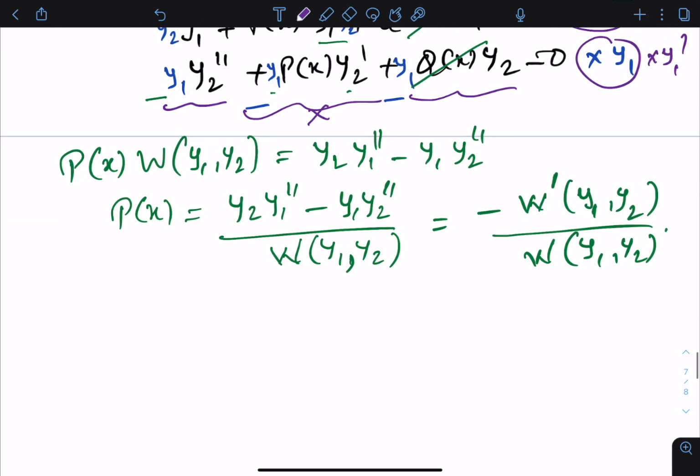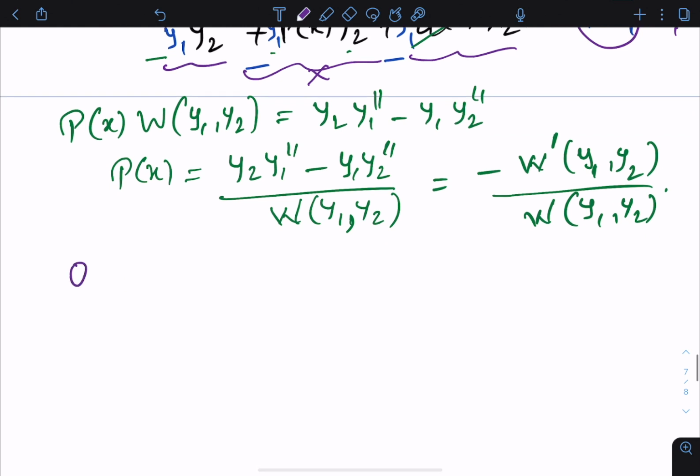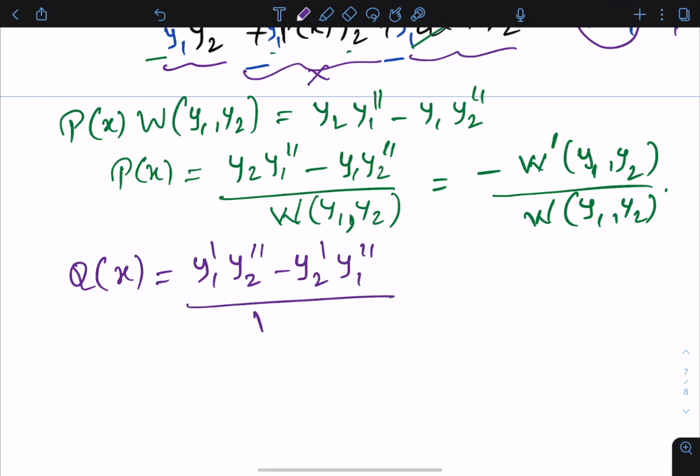So if you do that, you are going to get y1 prime y2 double prime minus y2 prime y1 double prime divided by the Wronskian of y1, y2. This is what you will get for q. So you have p and q found.